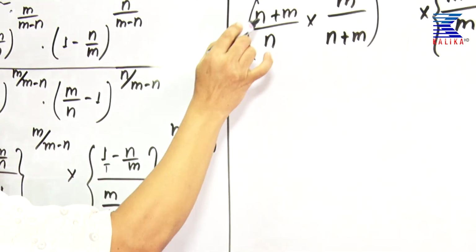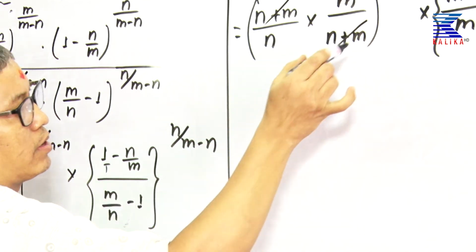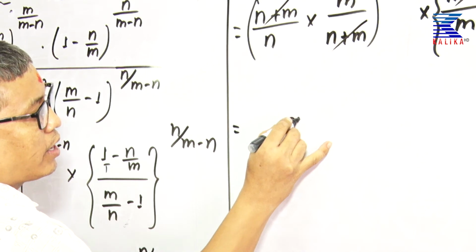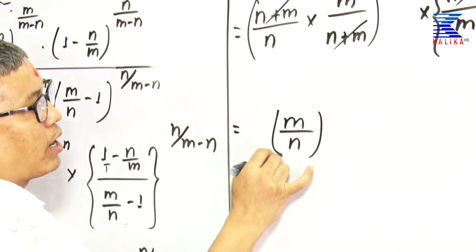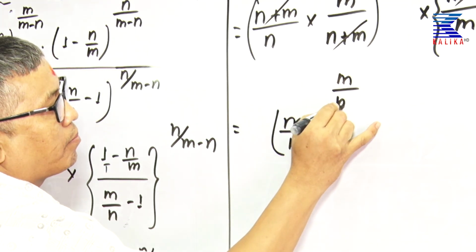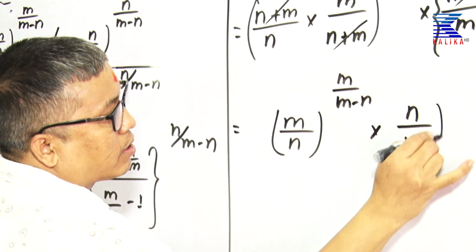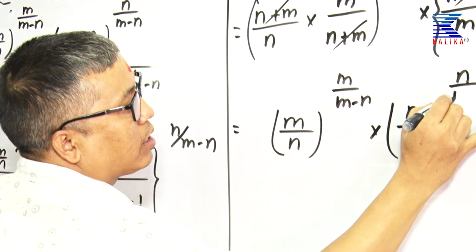Okay? n plus m, n plus m, m minus n, m minus n cancel. (m/n)^(m/(m minus n)) into (n/m)^(n/(m minus n)).